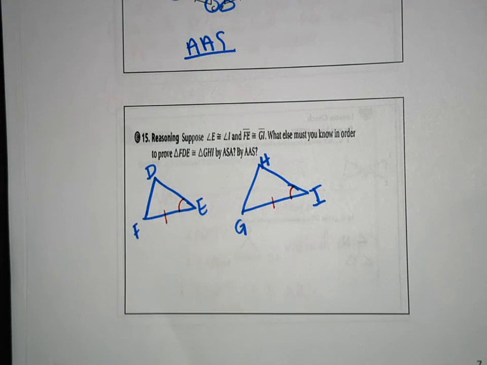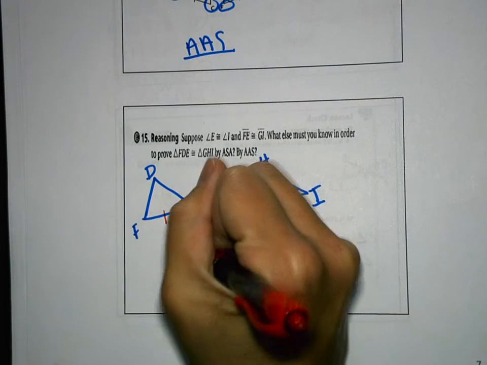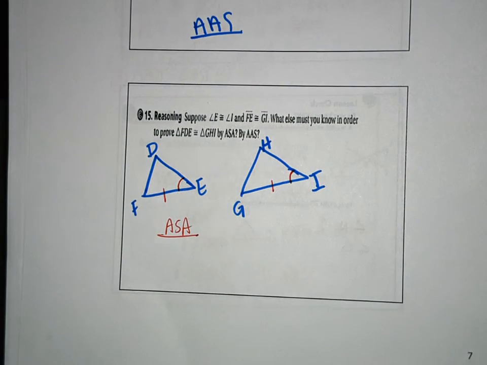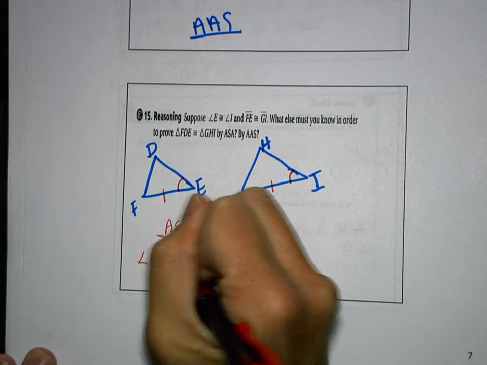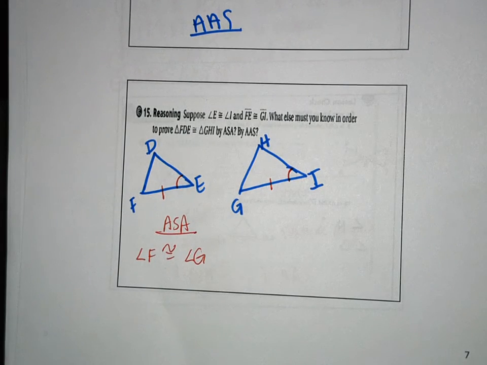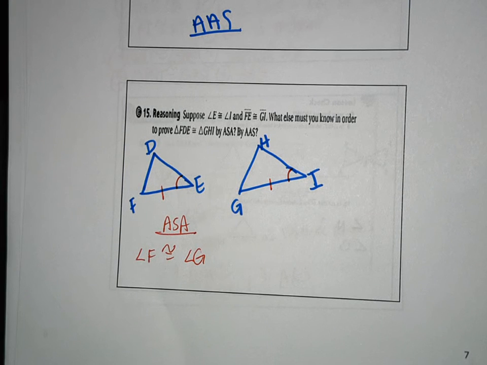So if I want to prove it by angle, side, angle, what would I need to prove still? What else needs to happen? Very good. So angle F would need to be congruent to angle G. In order to make angle, side, angle, we'd want this angle to be congruent, right? Because our congruent angles have to sandwich the congruent segment in the middle. Okay?